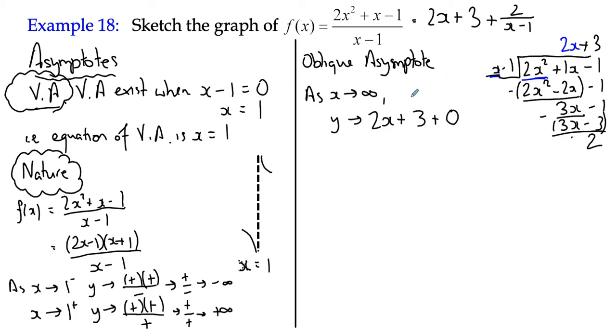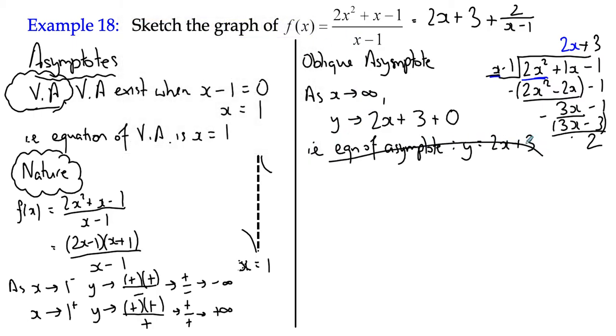So that fraction value tends towards 0, and the y coordinate is going to tend towards 2 times the x plus 3. In other words, the equation of the oblique asymptote is going to be y equals 2x plus 3.